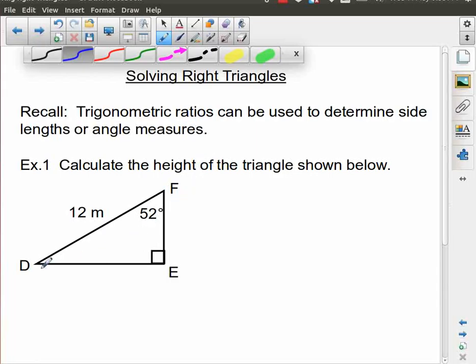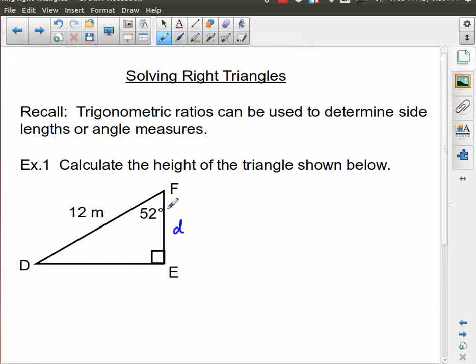In general, for triangles, the convention is you will use the lowercase letter. All of the vertices should be labeled with uppercase, with capital letters. That's a convention. And so you can use the lowercase version of the same letter across from a vertex to label sides. So traditionally, that would be D is here, F would be here, and we're already given the side E. So you could label it that way as well.